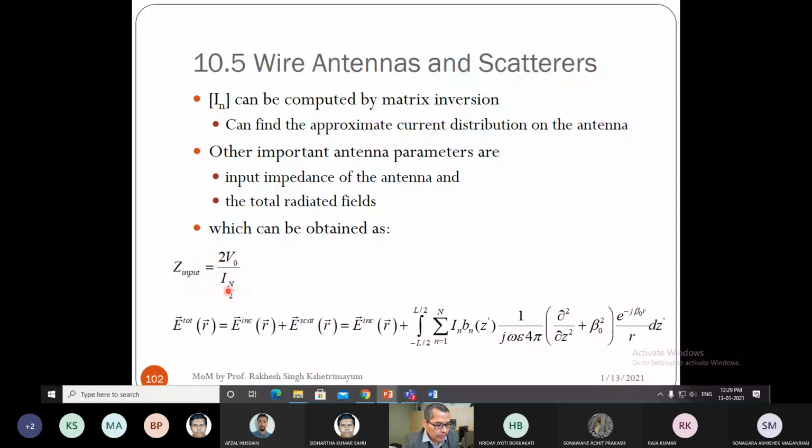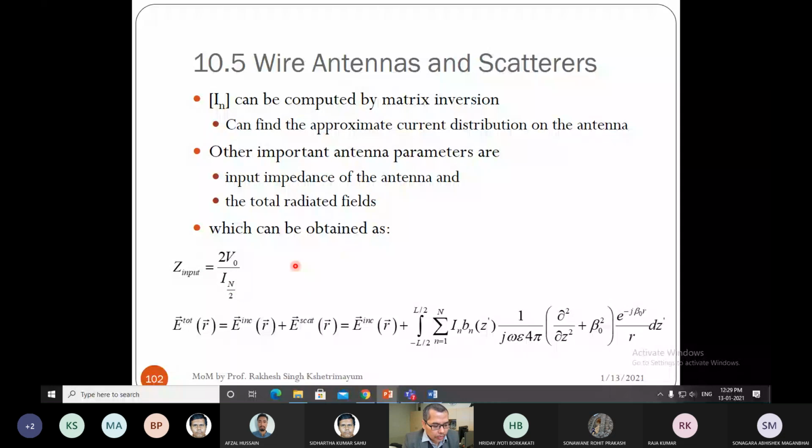The current at the center will be I_(N by 2) into B_n, and B_n is anyway 1 over that interval. So if you know I_(N by 2), that is the current at the center of the dipole, you divide it into the voltage you are applying. You are applying a voltage of plus V0 and minus V0 over the upper arm and lower arm. So you find 2V0 divided by I_(N by 2), and you get the input impedance of the dipole.